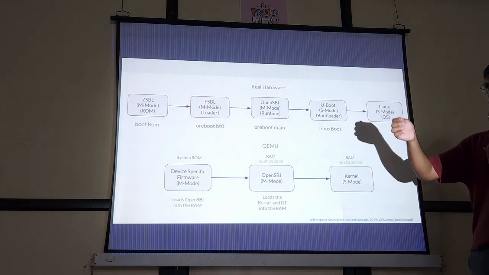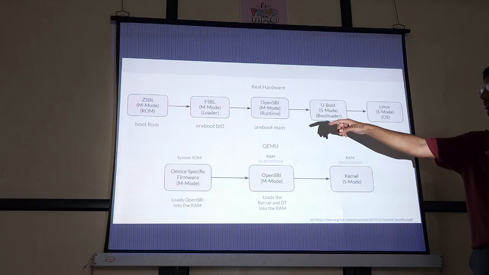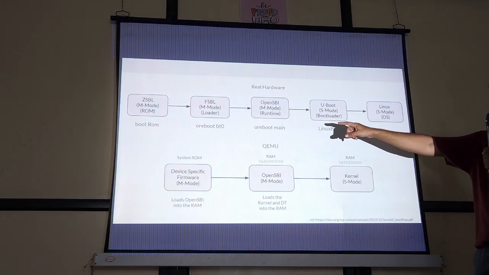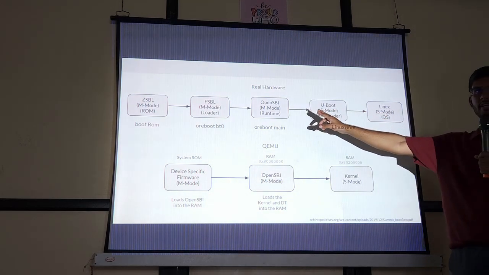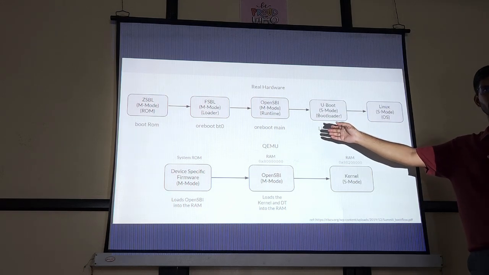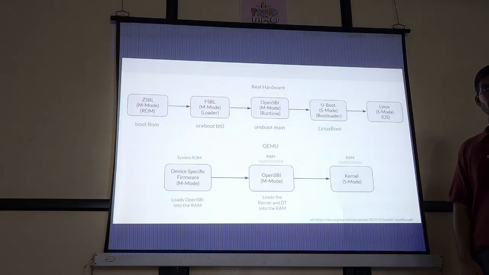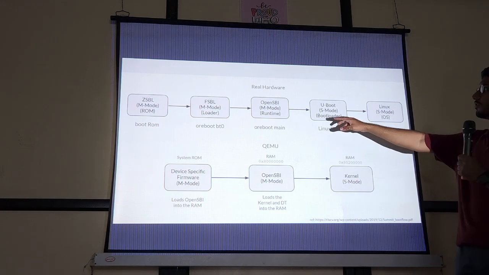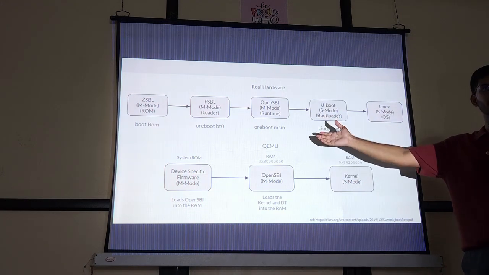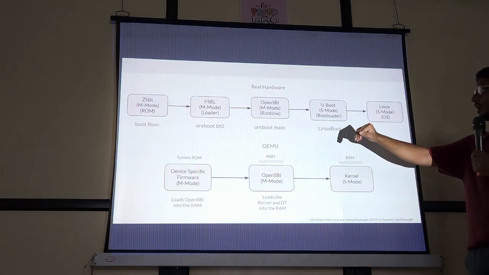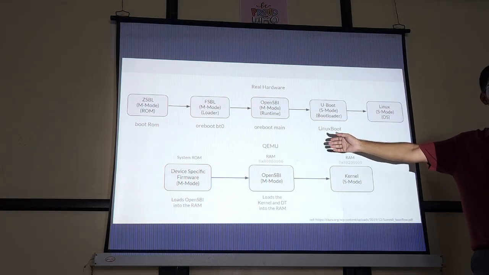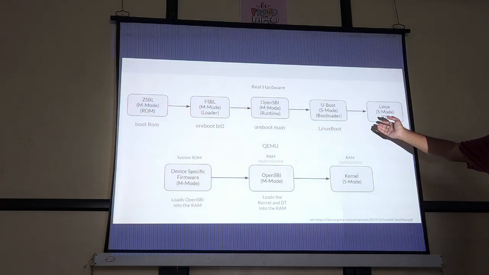Every architecture will have a zero phase bootloader, then a first stage, then instead of OpenSBI there will be some UEFI BIOS or something.